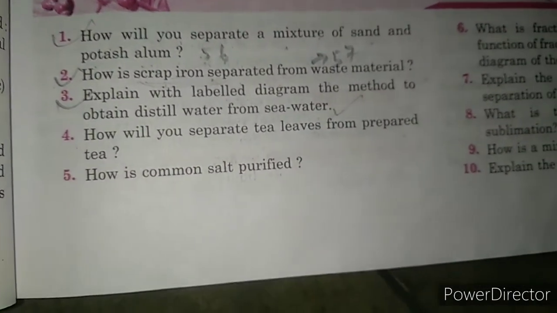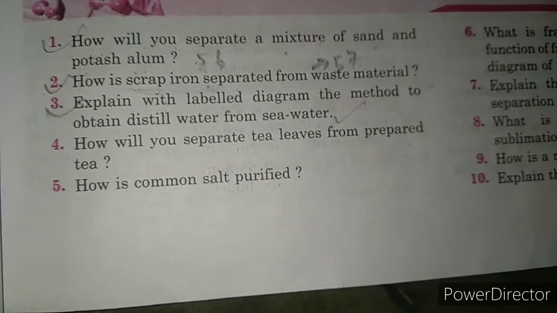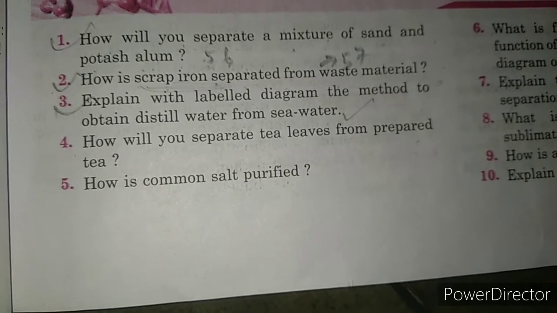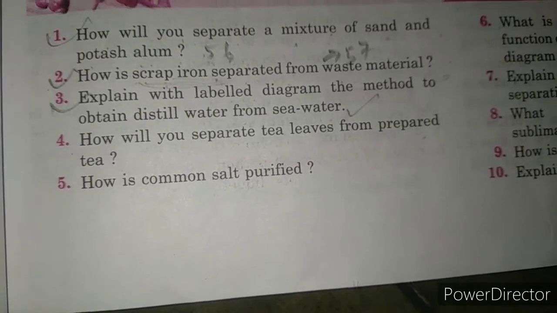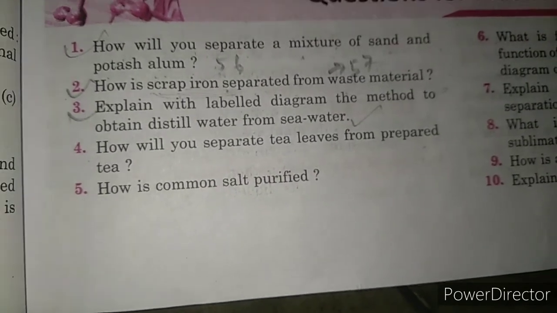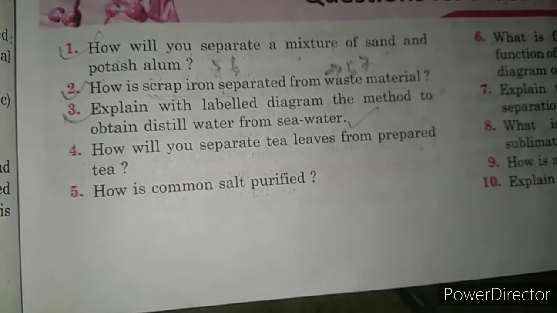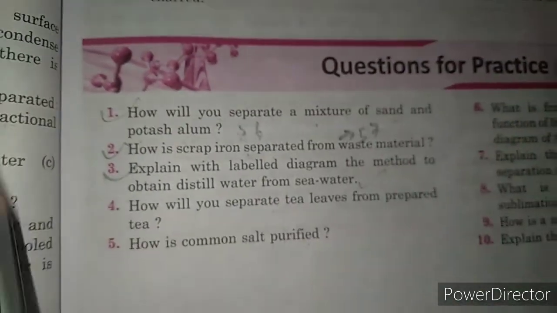The tea leaves will be separated as the residue, and the solution of tea will be separated out as the filtrate. So using the filtration method we can separate the tea leaves from the prepared tea.